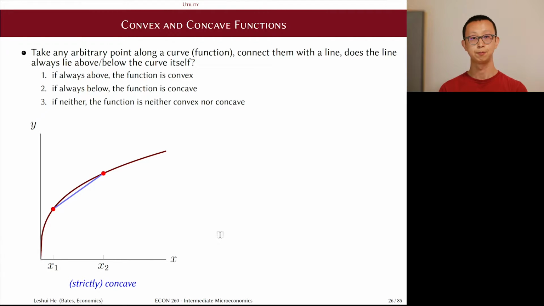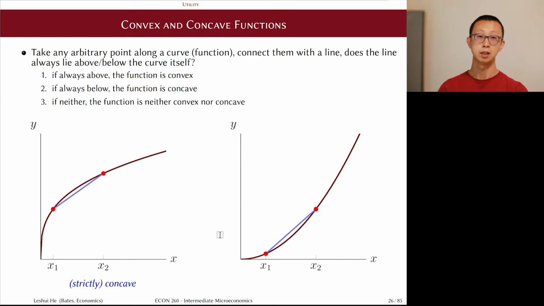To the opposite, if I have a function that looks like this, and we do the same test of picking any 2 points and threading a line through them, what we'll realize is that the connected segment is always going to lie above this particular function, regardless of your choice of starting and ending point.